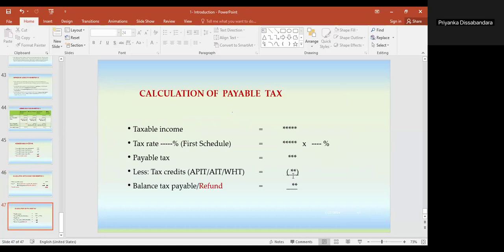When we are receiving an income, some income payers deduct some amount on behalf of us, and they send that amount to the department. That is called withholding taxes, APIT and AIT. So we are the owners of that tax payment. So we can deduct our tax portion. Then we will receive balance tax payable or a refund.